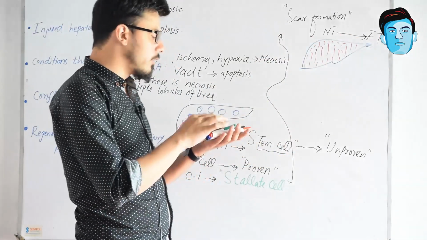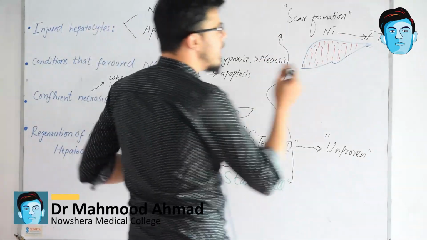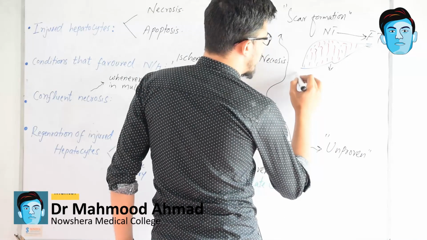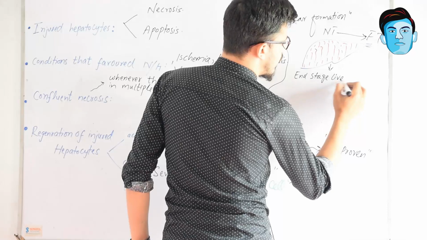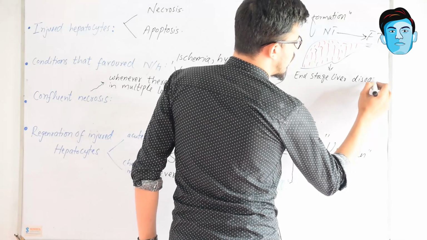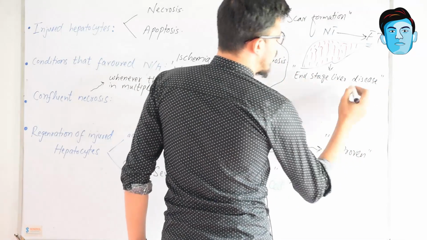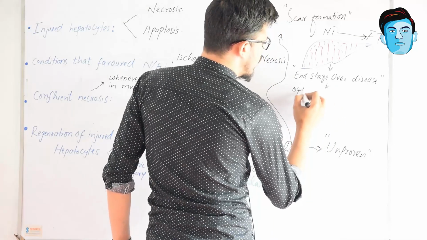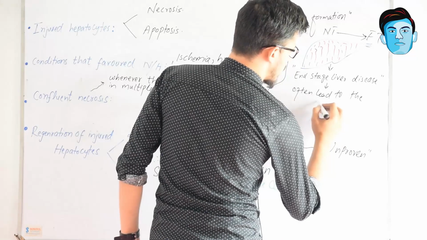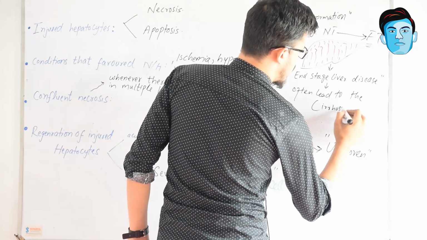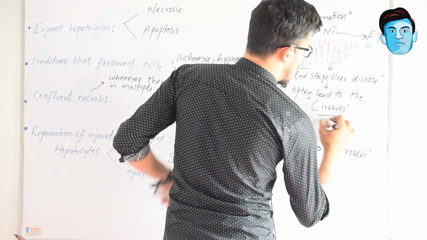This state of the liver is termed end stage liver disease, that often leads to cirrhosis.